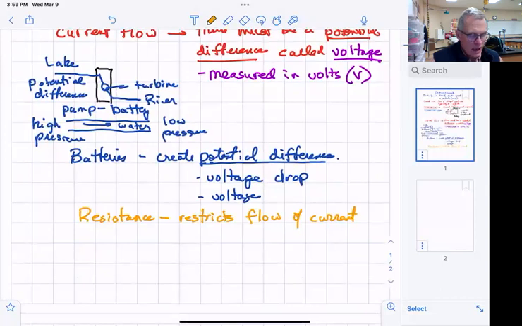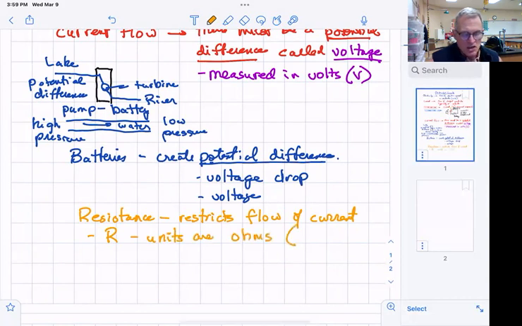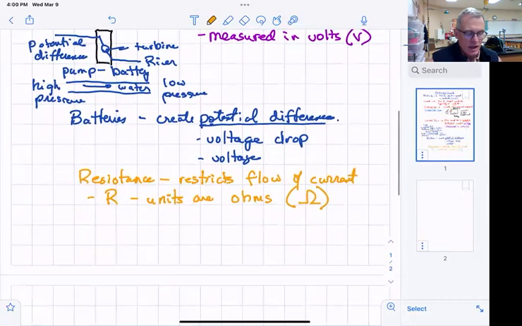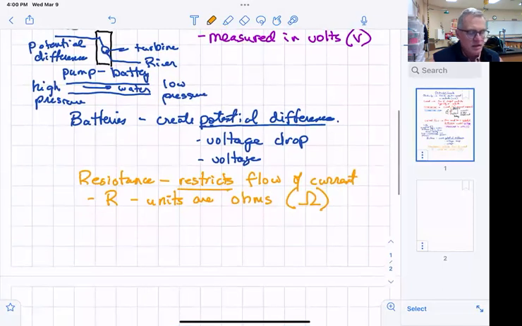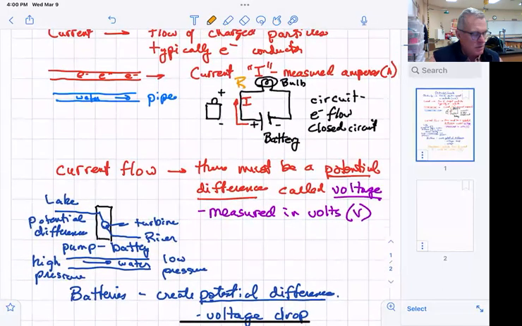It's abbreviated R. The units are ohms, and the abbreviation is omega, a Greek letter. It restricts or resists the flow of current. One way to think about it, it's like a boulder in a stream. The bulb in the circuit that we looked at up here is a resistor.